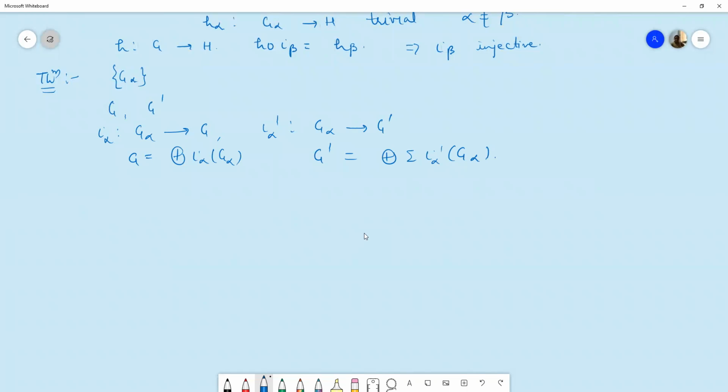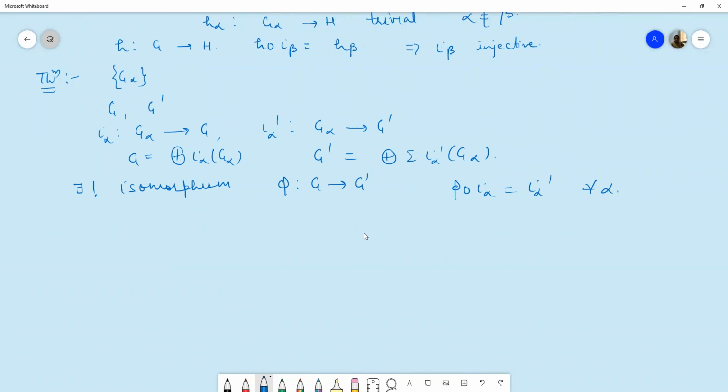Then we will prove that there exists a unique isomorphism phi from G to G dash, such that phi circle I alpha is I alpha dash for each alpha.